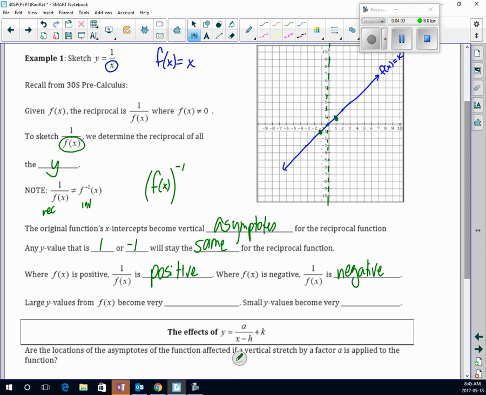So between this 0 and 1, we have really small numbers. So what happens when we reciprocate really small numbers? It becomes really big numbers. And because these are positive small numbers, we reciprocate it, it's going to become big positives, yes? So that's where it goes this way.